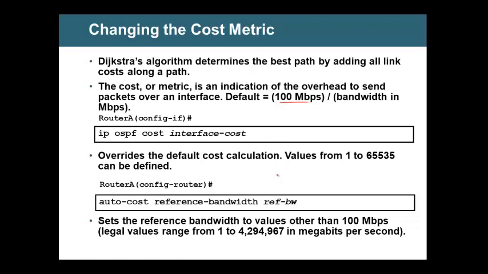For example, if I have a 10 meg Ethernet wire, how do they calculate the cost? They calculate it by saying 100 divided by 10. This 100 is the upper limit, the reference they keep. So the cost is going to be 10.